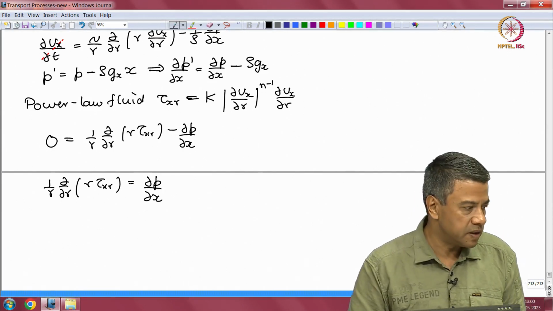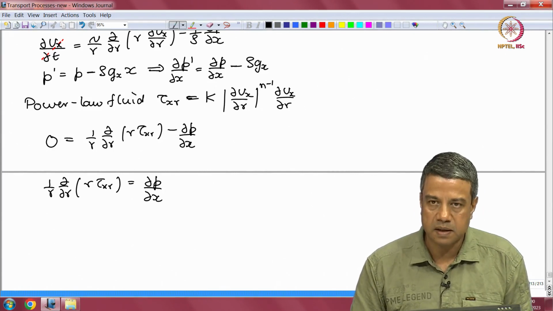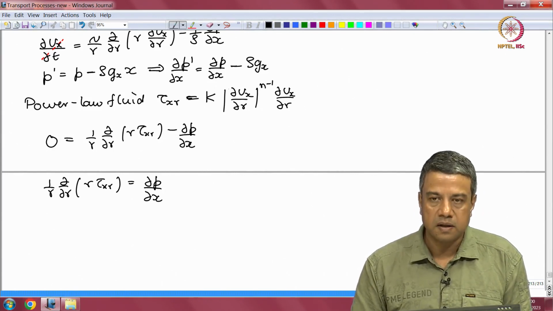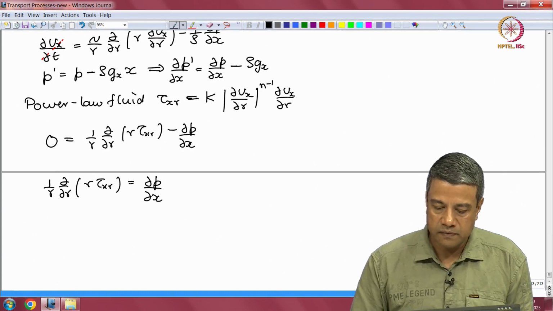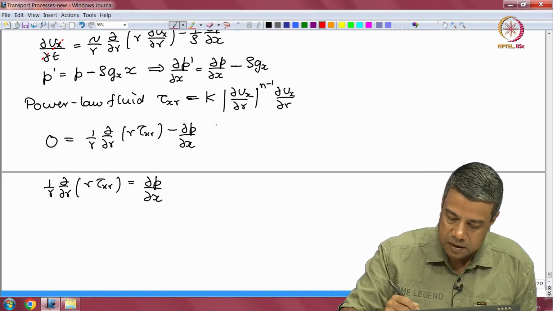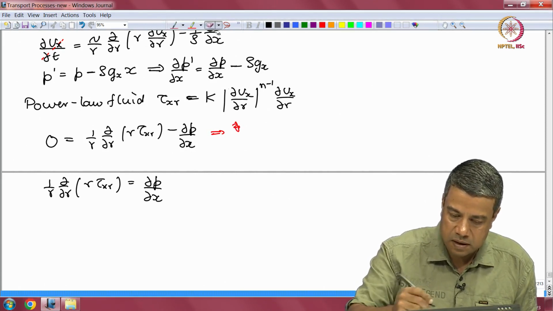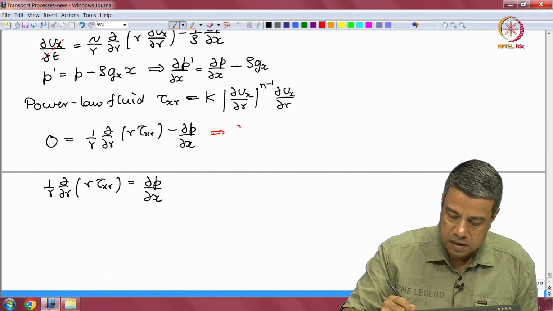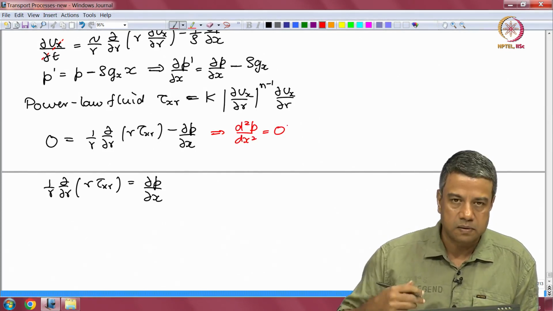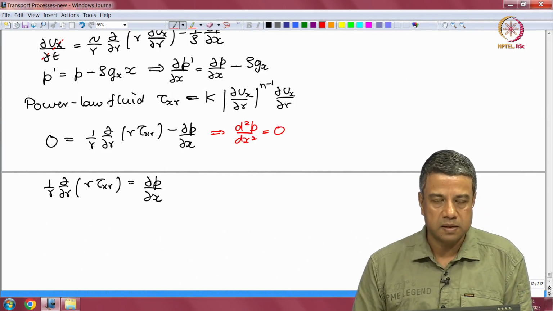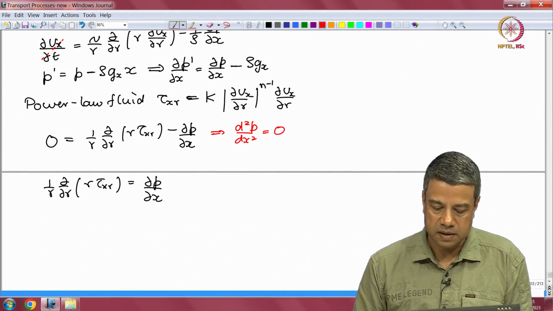We saw from the incompressibility condition that the velocity has to be independent of x. Therefore, the shear stress is still independent of x. So, if I take one derivative, in this particular case it is a total derivative because it is steady, d square p by dx square is still equal to 0, even in this case.